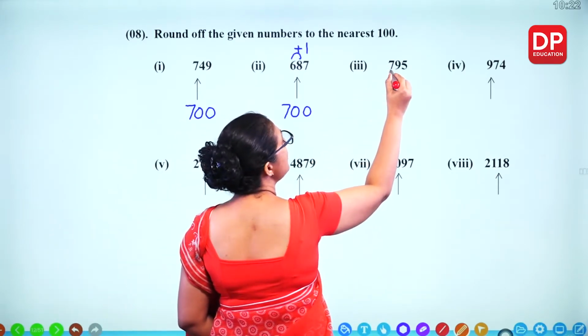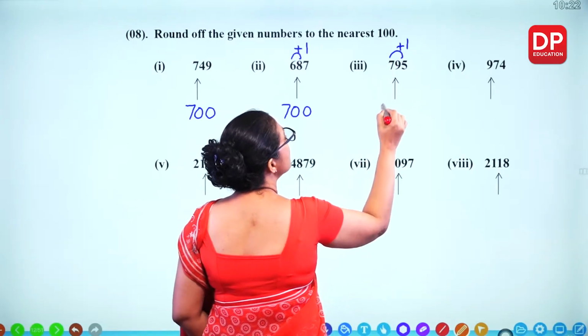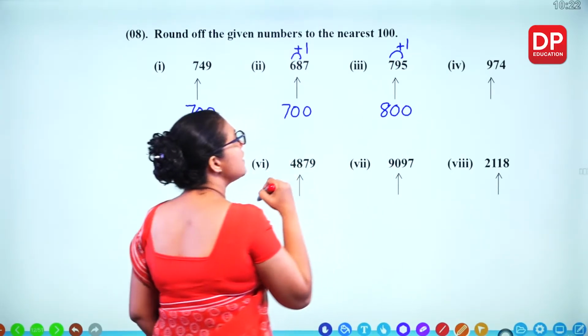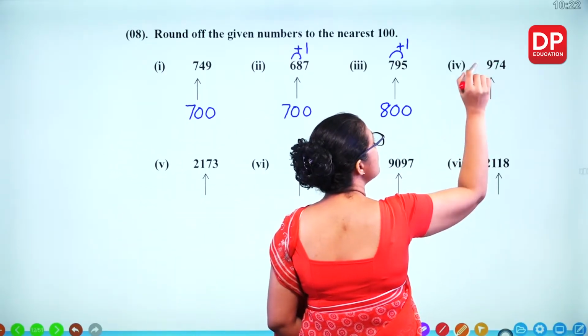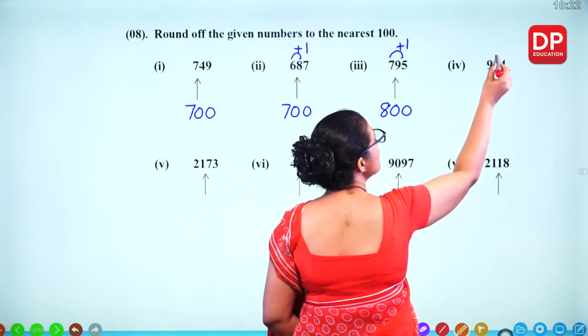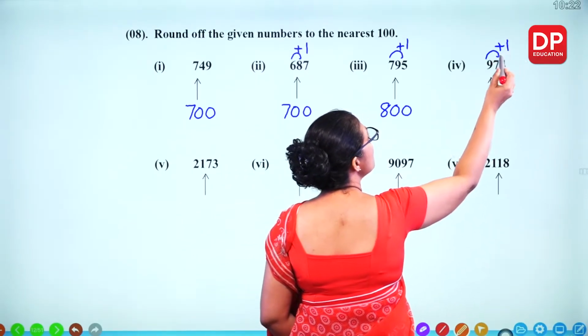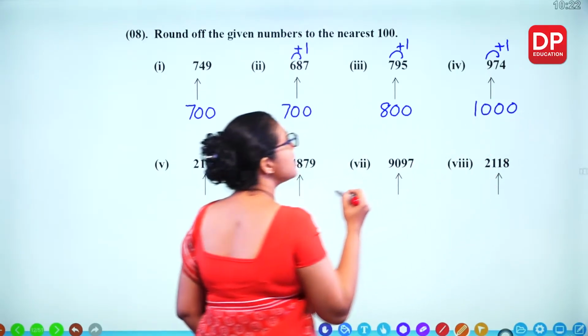This is 7. Next number is 9. You need to add 1. So 800 is the answer. 9 is the digit you need to round. 7 is the next number, more than 5. So you add 1. When you add 1, this becomes 10. So 1000 is the answer.